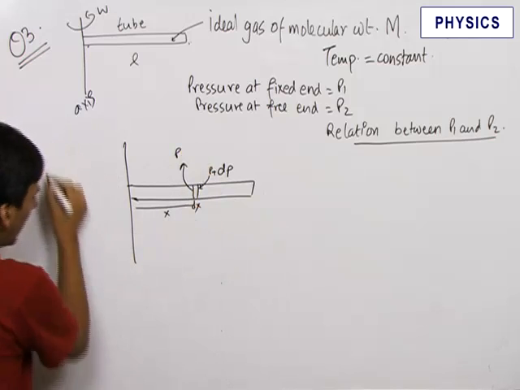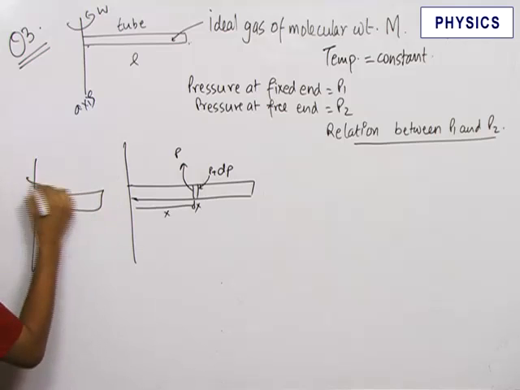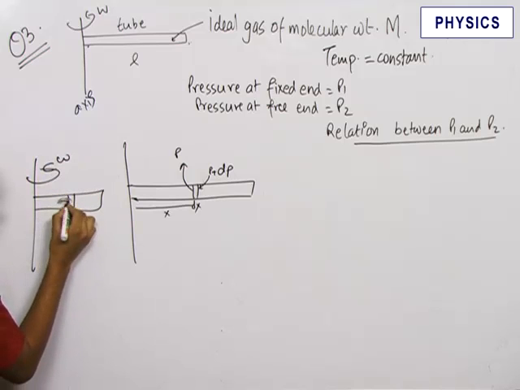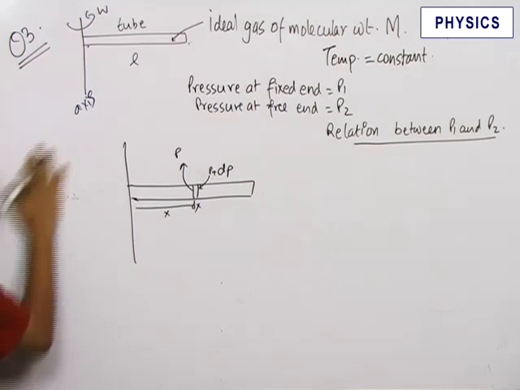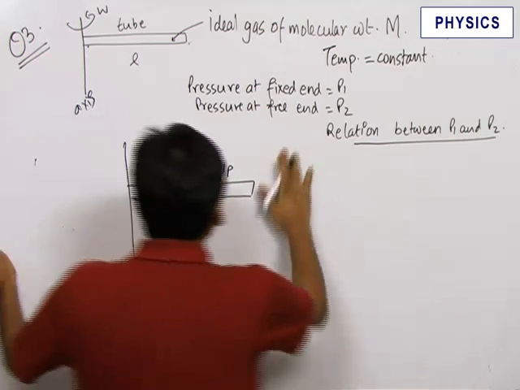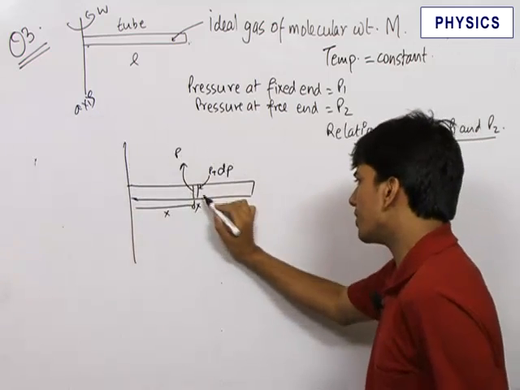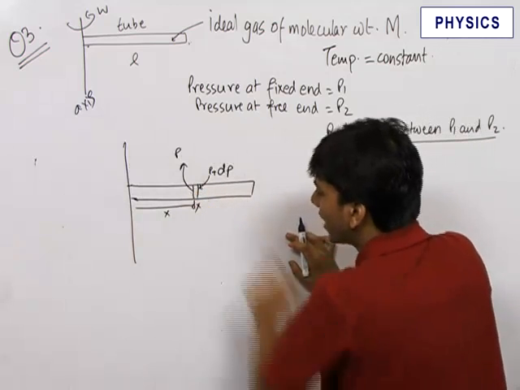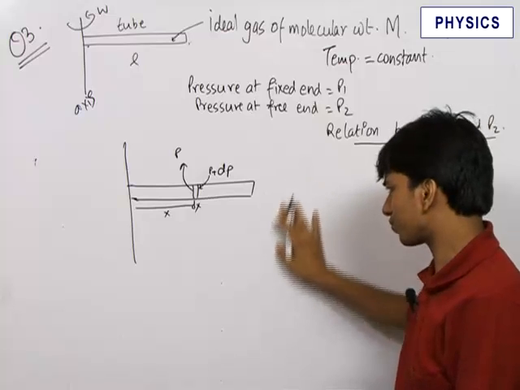Previously, when a rod used to rotate like this, we had assumed the tension over here to be T plus dT and the tension here to be T. So in many such questions you have to apply this method. So we assume the pressure here to be P and here to be P plus dP, that is, the pressure on the right hand side is a bit greater than the pressure on the left hand side.